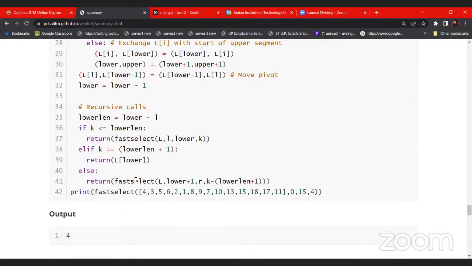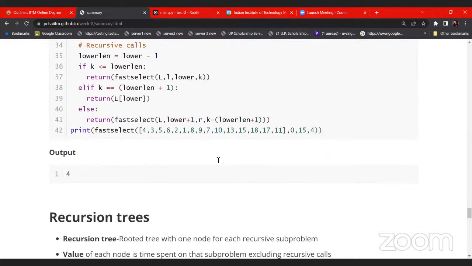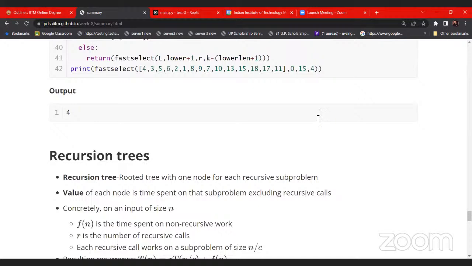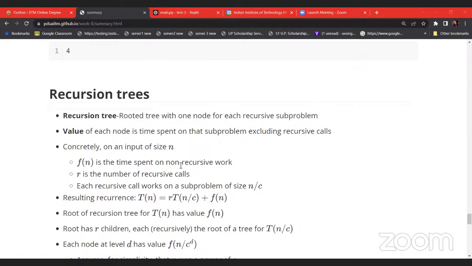The same MOM algorithm can be used in quick sort, and we can also improve the worst case complexity of quick sort. These are the algorithms where we improve our complexity using the divide and conquer approach.